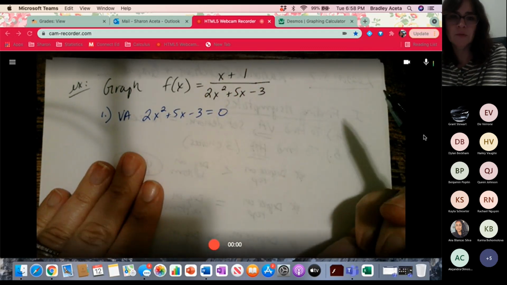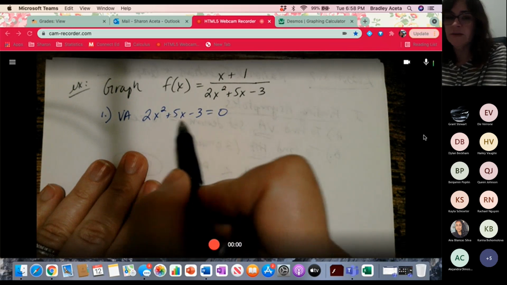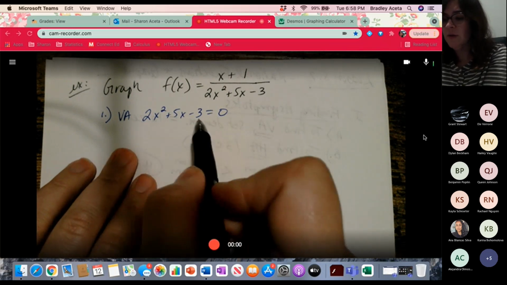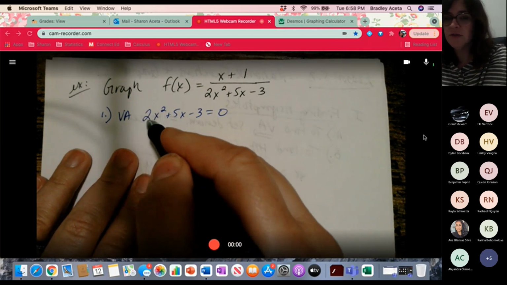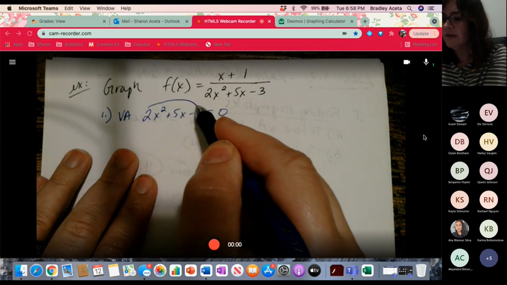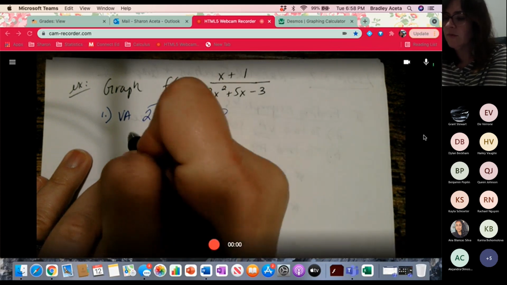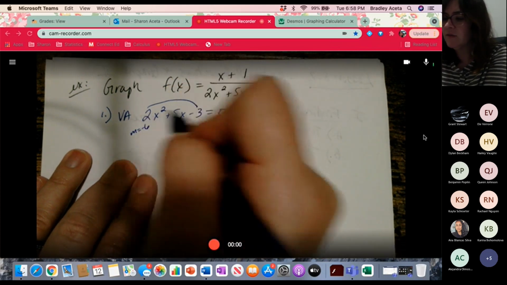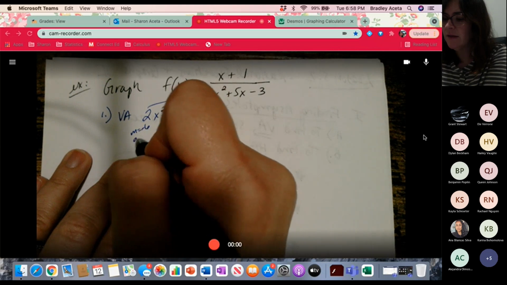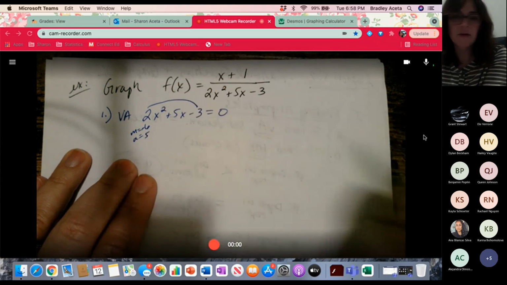Okay, so I need to factor this. This is a trinomial with a coefficient of 2. I have to multiply these together. What multiplies to negative 6, 2 times negative 3 is negative 6, but adds to 5? This is how I do it.